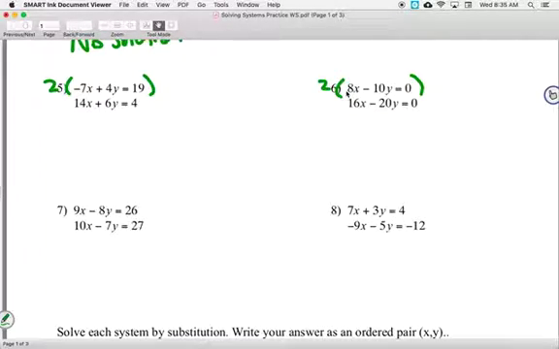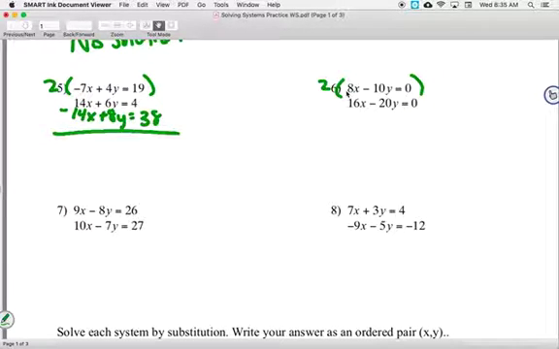Which is great, okay? So if I multiply this top equation by 2, what's my result? If I multiply this by 2, what do I get down below? Negative 14x plus 8y equals, what's 19 times 2? 38, thank you, Austin.